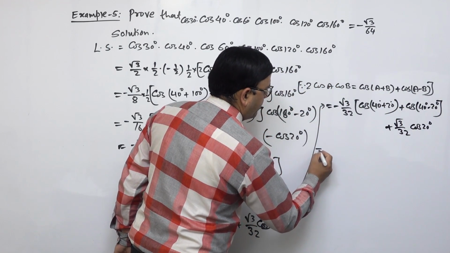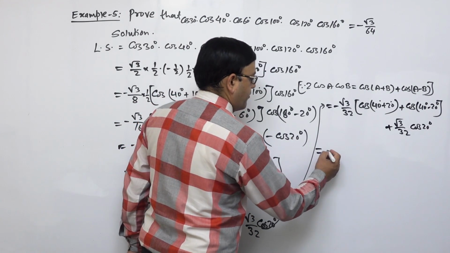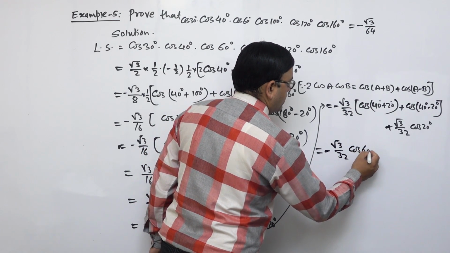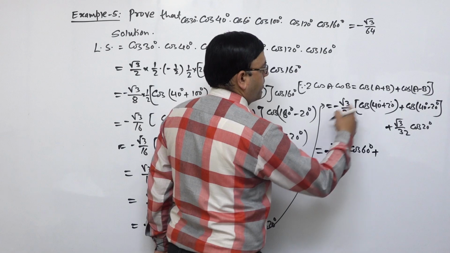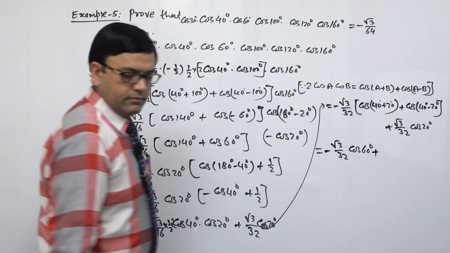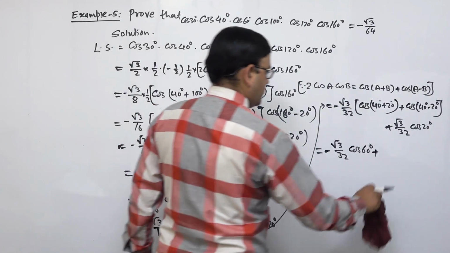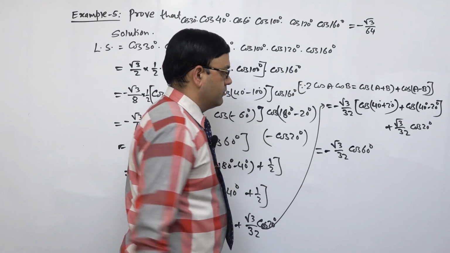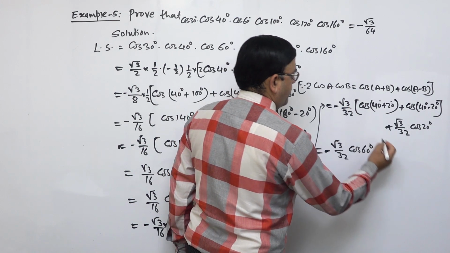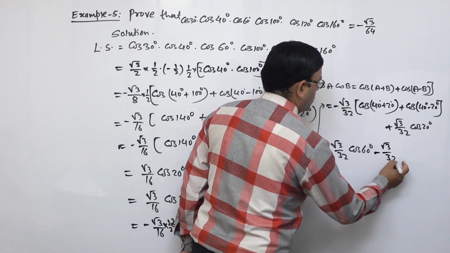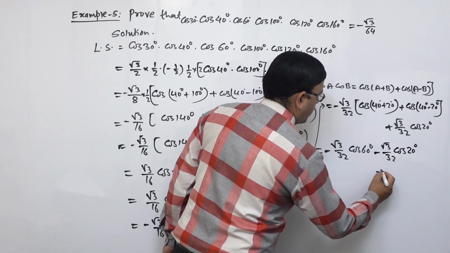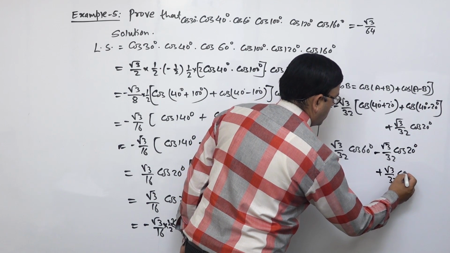This is the remaining. Now this is equal to minus root 3 by 32 times, this one is cos 60 degree plus, let's open plus and minus, it became minus root 3 by 32 and then cos(40-20) is cos 20 degree, plus root 3 by 32 cos 20 degree.